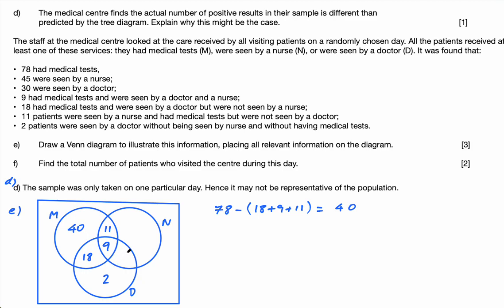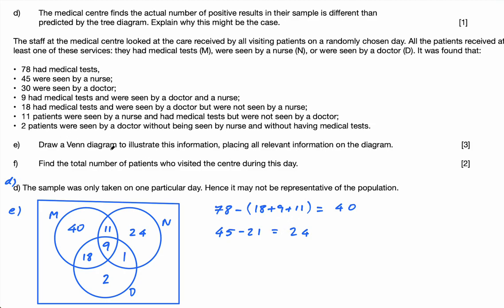Then, how many saw a doctor? 30 saw a doctor, and 18 plus 9 is 27, plus 2 is 29, so 1 goes here, because this plus this plus this plus this has to equal 30. And then finally, 9 plus 11 is 20, 21. 45 minus 21 is equal to 24, so 24 goes here. Why didn't I show the working for this? Well, look, it was so easy, I didn't need to.